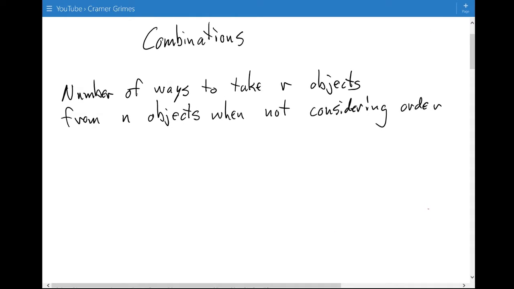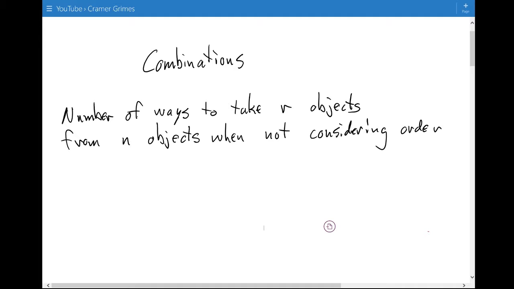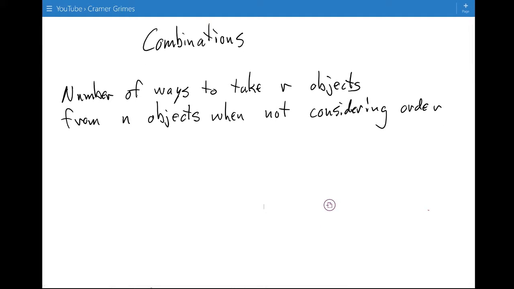Okay? And there are several ways to represent this. A popular way on calculators would be nCr. Another way would be combination n comma r. Some books use kind of this method, and others maybe even use something like this.